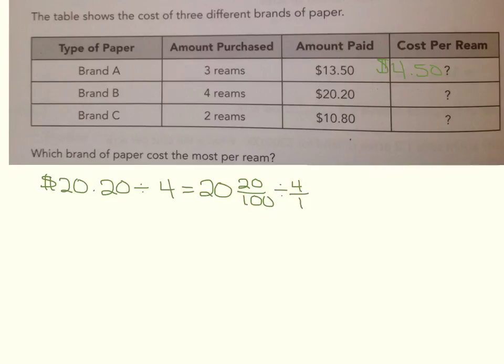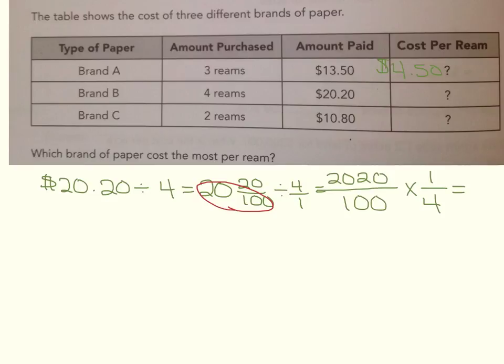Follow the rules for dividing fractions. First, we want to make this into an improper fraction. 20 times 100 is 2,000, plus 20 is 2,020. Over 100, we keep the first fraction, we flip the second fraction, and then you change to multiplication.